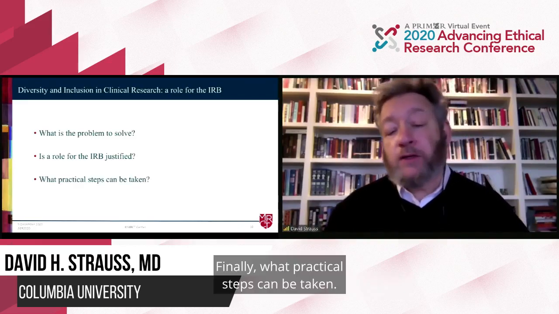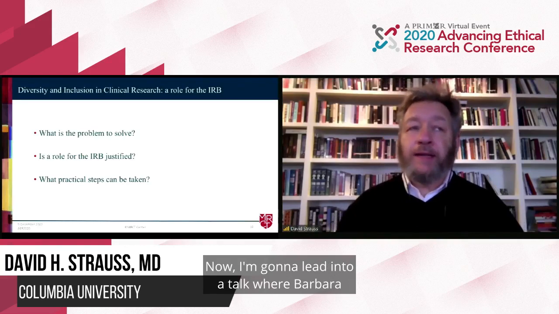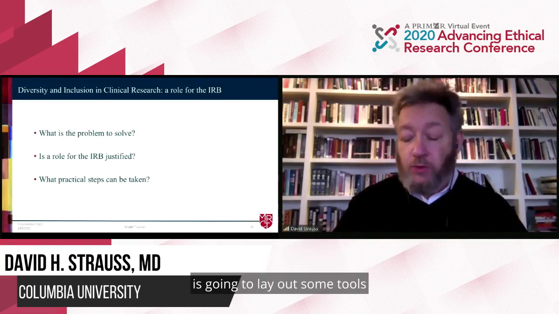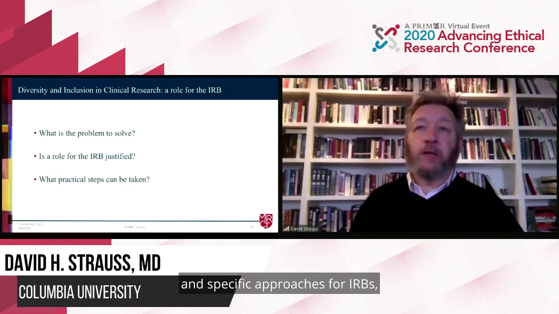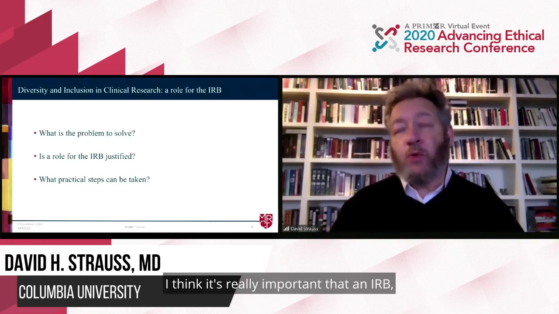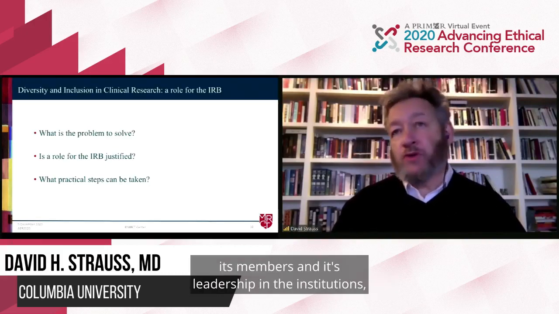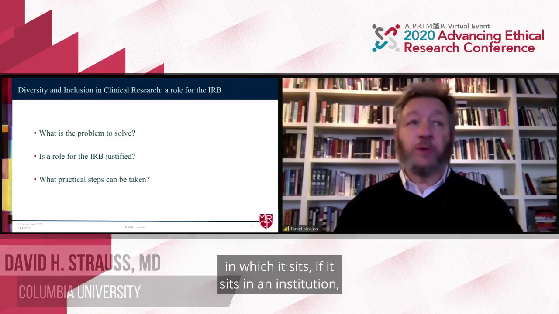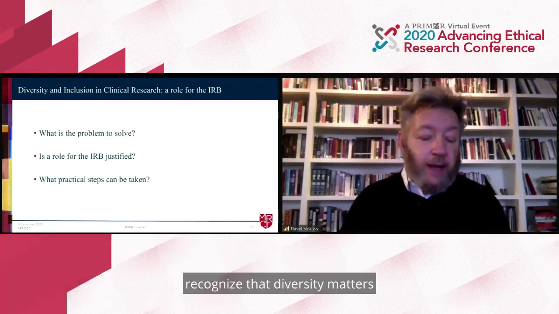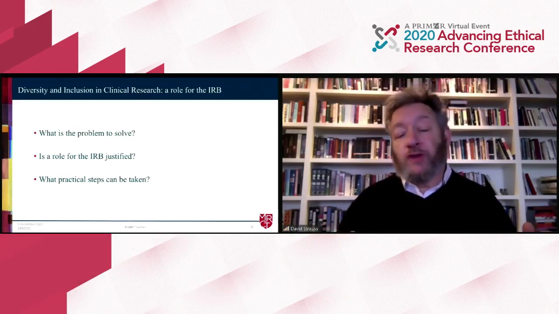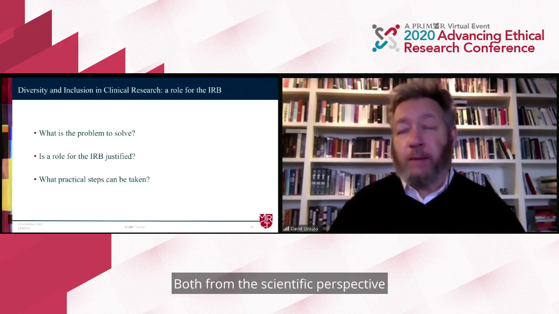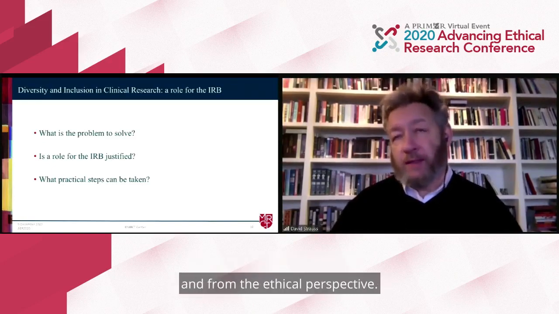Finally, what practical steps can be taken? Now, I'm going to lead into a talk where Barbara is going to lay out some tools and specific approaches for IRBs. But to start off or to frame it, let me just say that I think it's really important that an IRB, its members and its leadership and the institutions in which it sits, if it sits in an institution, recognize that diversity matters, and they need to understand why it matters, both from the scientific perspective and from the ethical perspective.